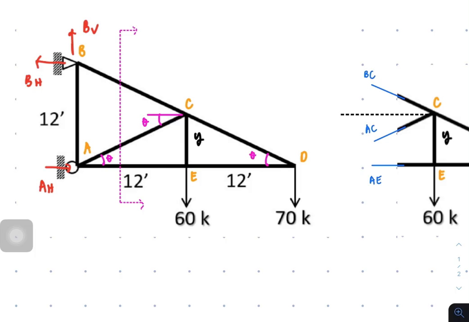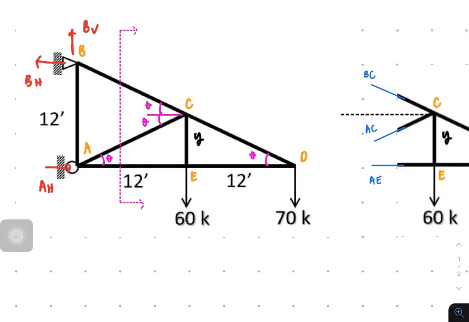So if this is theta from the horizontal, which is the same with the horizontal here, and with this line, which is the same with this line, somehow this is also theta.